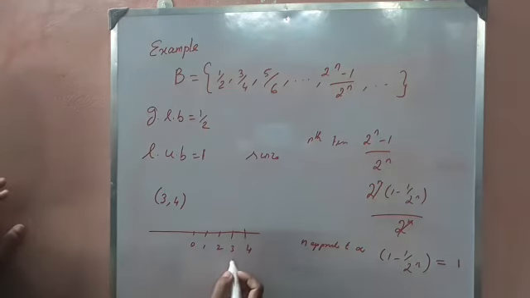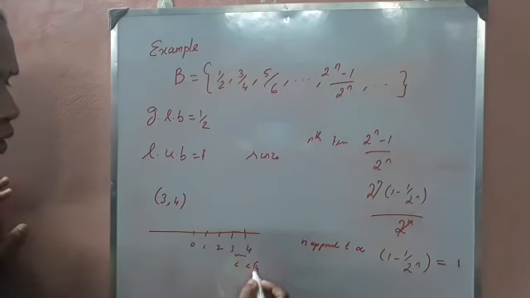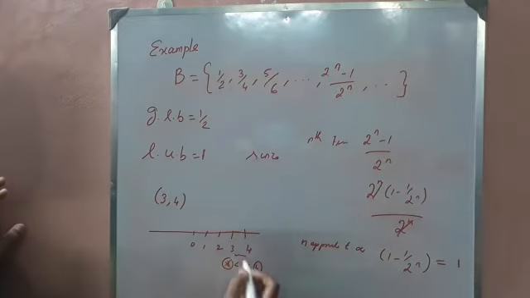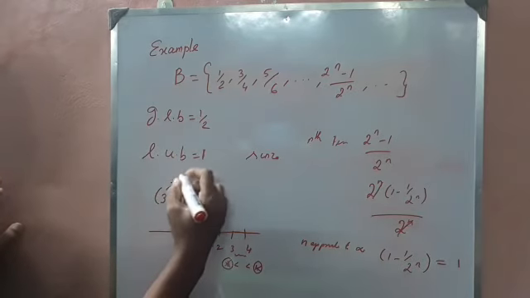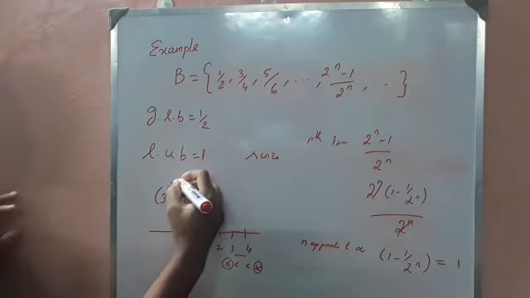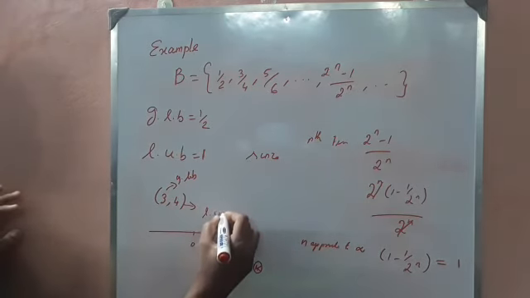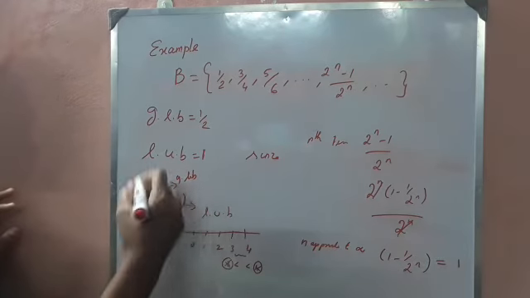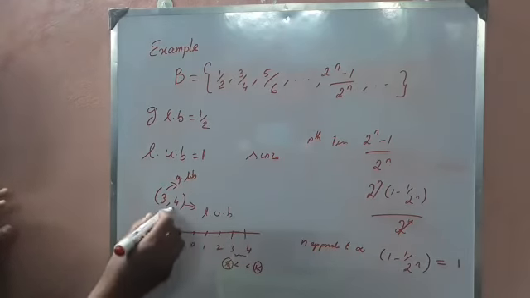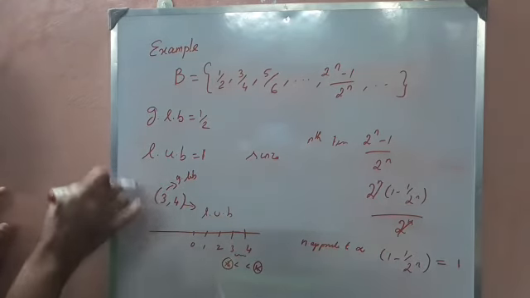The open interval represents only the elements greater than 3 and less than 4, not the values 3 and 4 themselves. So we say 3 is the greatest lower bound and 4 is the least upper bound, but both values are not in the set. So the upper bound and lower bound need not be in the set.